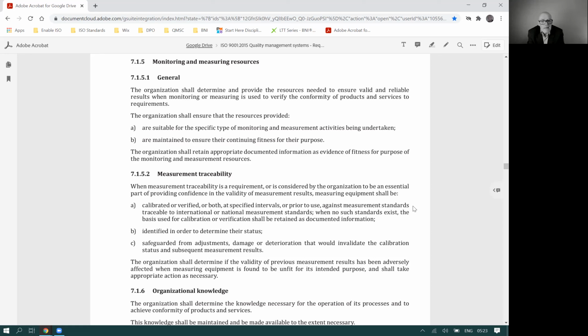So lastly then, the organization shall retain appropriate documented information as evidence of fitness for purpose of the monitoring and measuring resources. Well, most examples that we see, for example, one of our customers is a commercial laundry business, and they would have a lot of computer controlled machinery, but from their operations office, through one computer dashboard, the operatives and supervisors are able to monitor all of the machines that are being used in the facility.